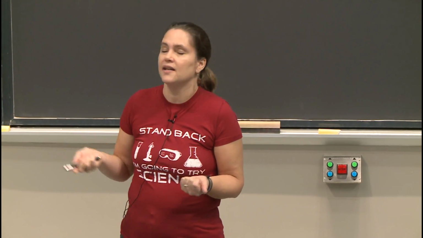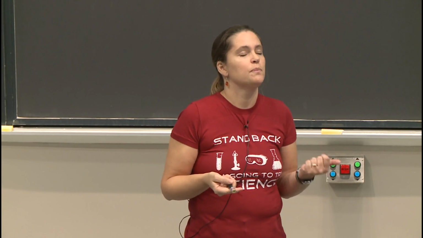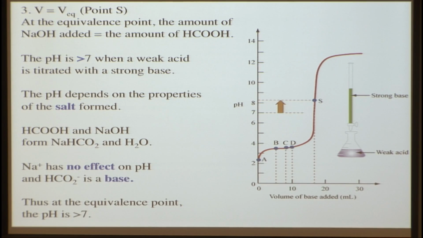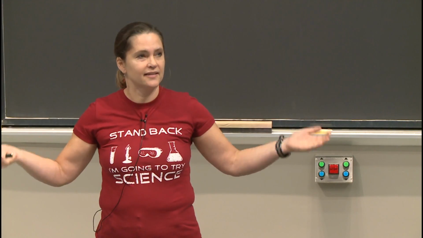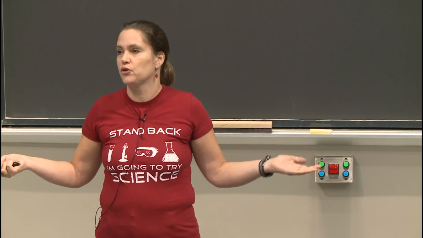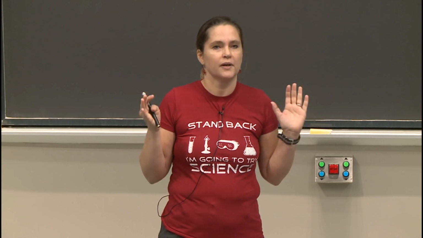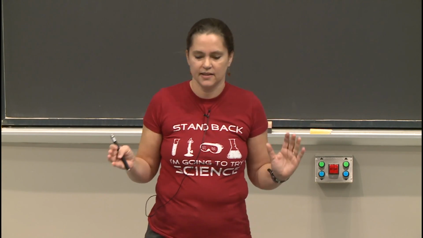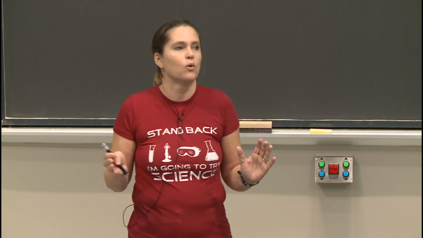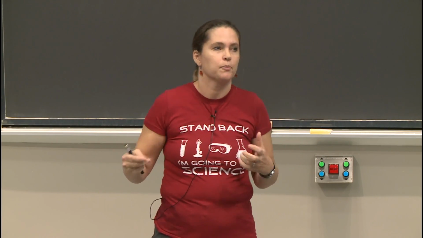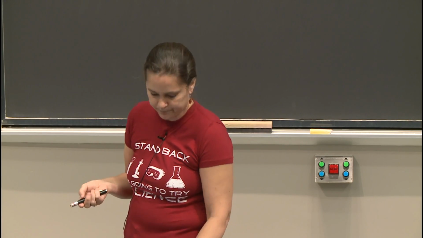If you say to me, this doesn't make sense, it should be greater than 7 because it should be basic at this point, I should just have conjugate base around, you will get points back for recognizing that the answer you gave me can't be right. So always pay attention to what answer you're getting. Does that answer make sense? I really care more that people understand what's going on than that they can do the math perfectly in a very short amount of time.